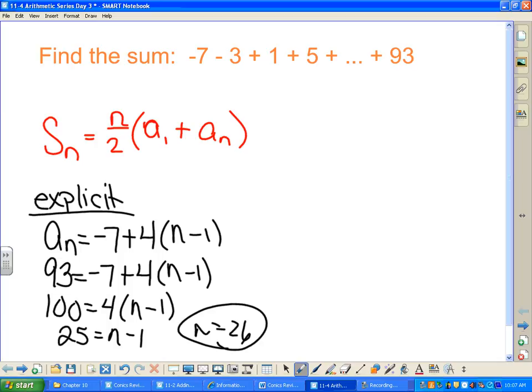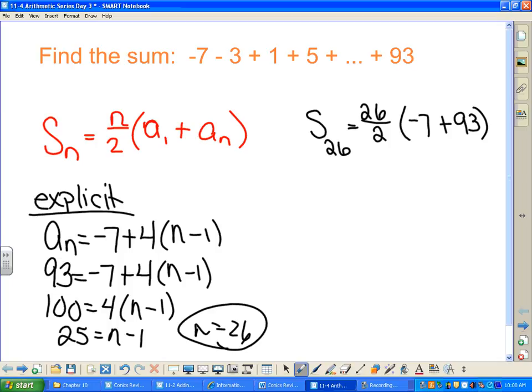Now that you know n is 26, what we're going to be finding is the sum of the first 26 terms. So it's s sub 26. And that's going to equal, you now know n, don't you? 26 over 2 times a sub 1, it was given, and you know a sub 26, 93, it was given.